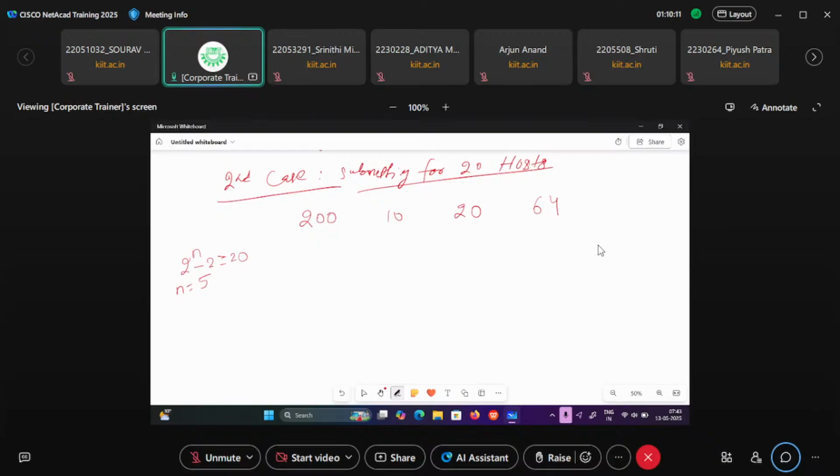So n is 5. It means you have to fix those 5 bits from the right to the left as host bits, as 0, right? So in this case, suppose I'll be using the subnet mask 255.255.255 in binary, and there the values were 00.